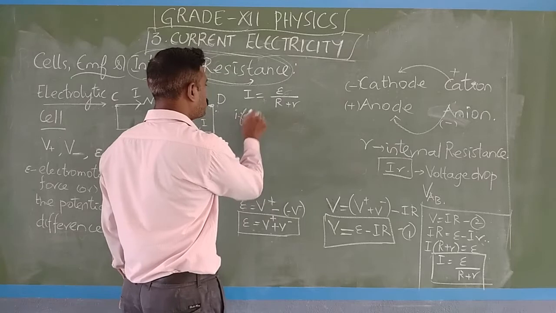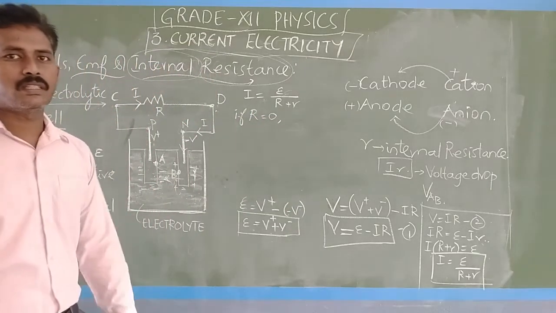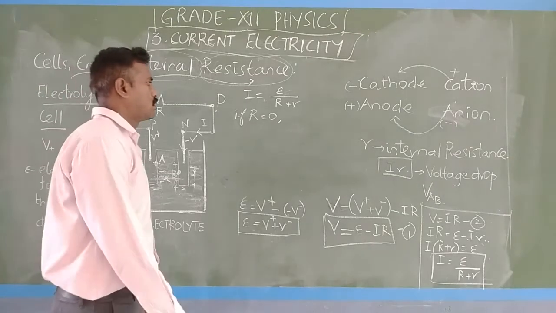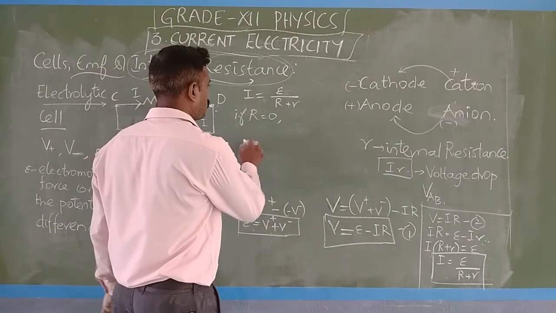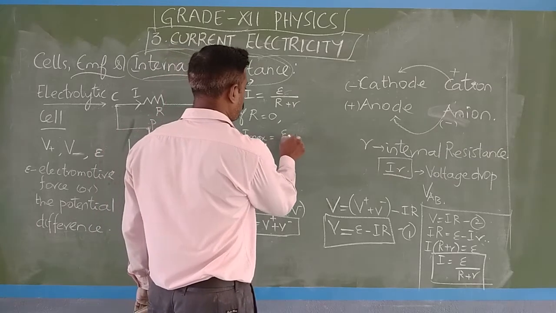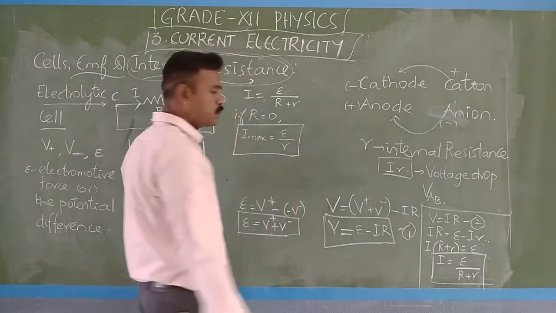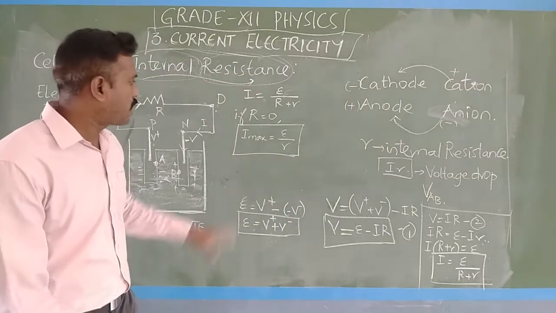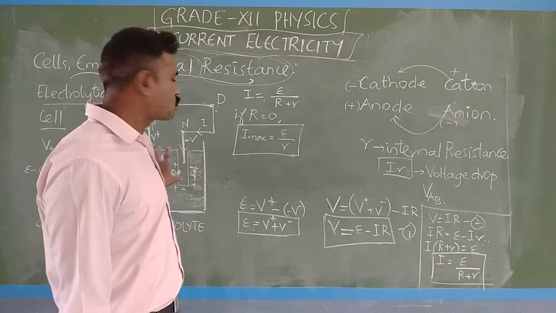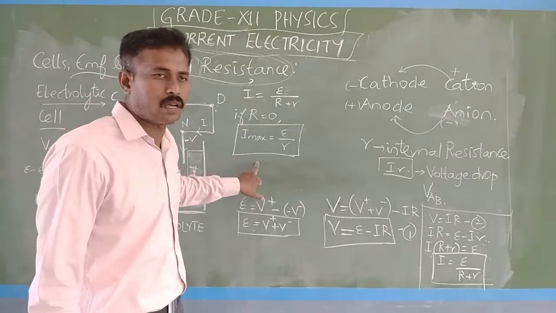If R is 0, so the maximum current that can flow is I max. The maximum current that can flow through the solution is when R is 0.